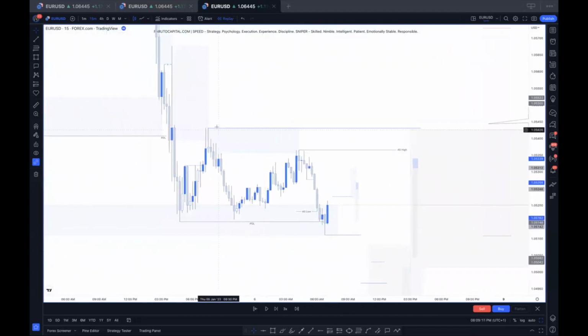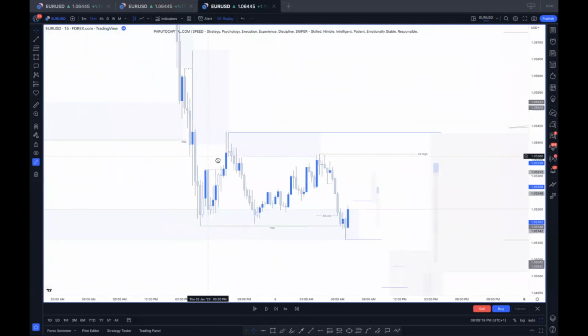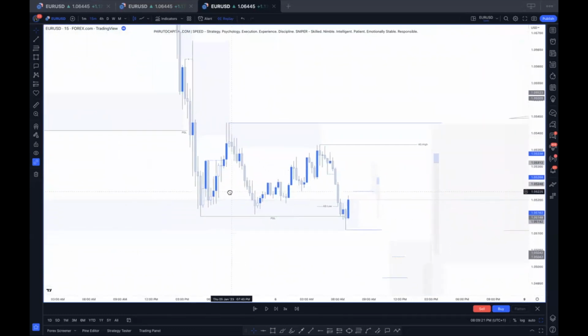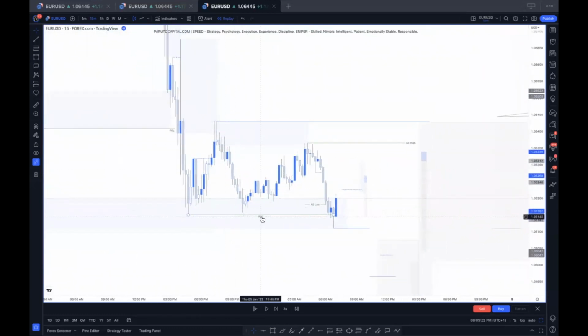What I've done here, you can see, is map out a few zones. This PDL, for example, simply means the previous day low. This was around 4:45 p.m. on Thursday, and that was the low of the day, so I mapped that out. That also happened to be a break of structure, because by 6:45 a.m. this candle closed by the body.